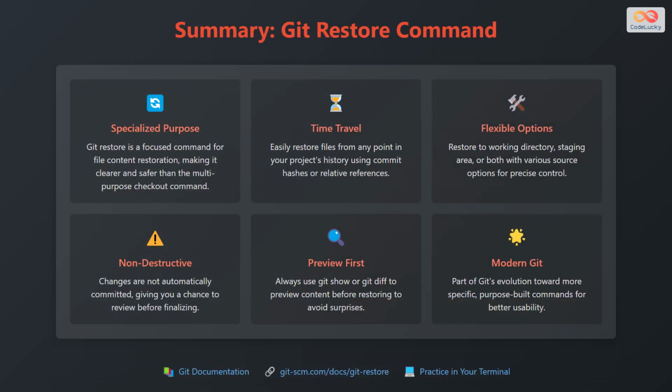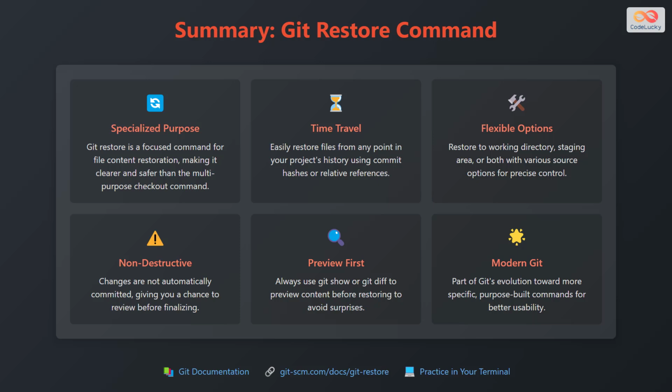Let's summarize what we've learned about the git restore command. Git restore is a focused command for file content restoration, making it clearer and safer than the multipurpose checkout command. You can easily restore files from any point in your project's history using commit hashes or relative references. You have flexible options to restore to the working directory, staging area, or both with various source options for precise control.